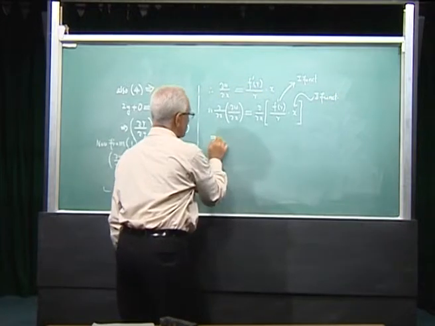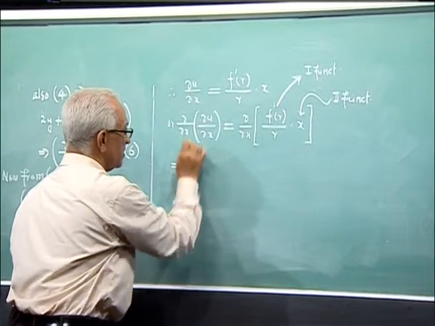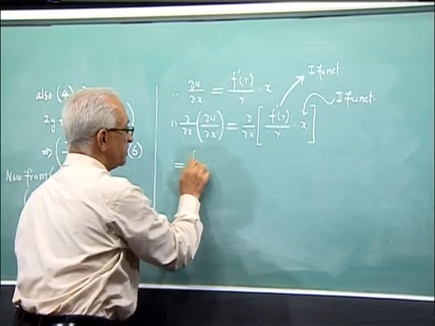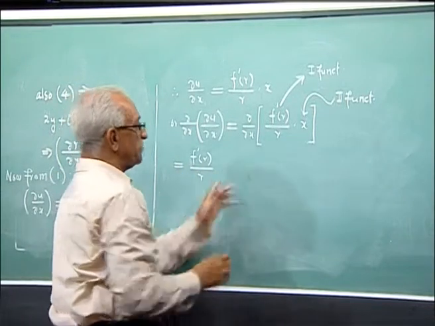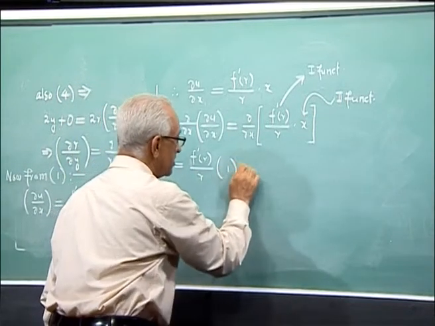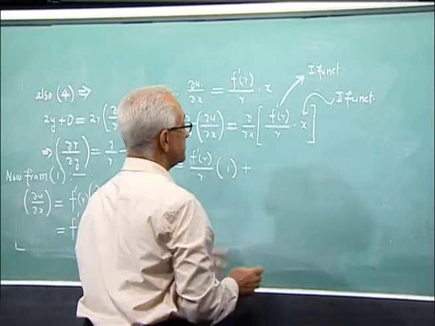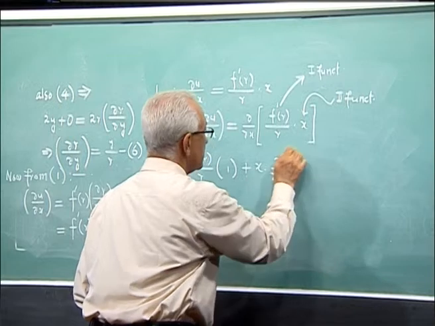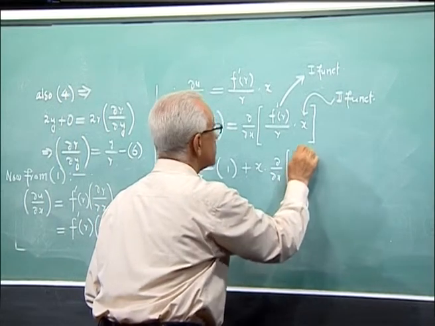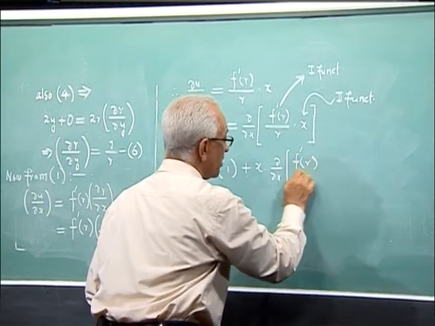So this will be equal to the first function, that is f dash r upon r, into differential of the second, that will give you x, plus the second function, that is x, into d/dx of f dash r upon r.